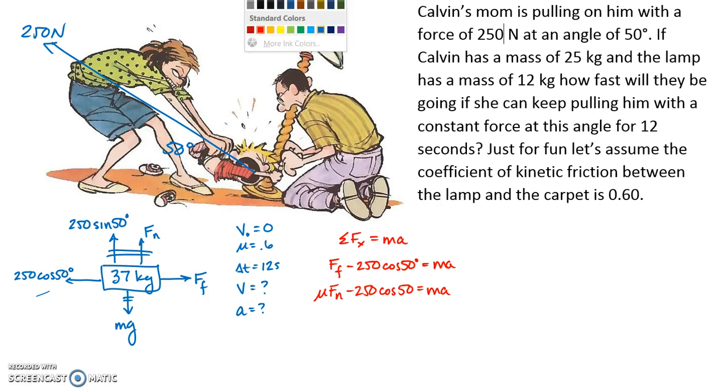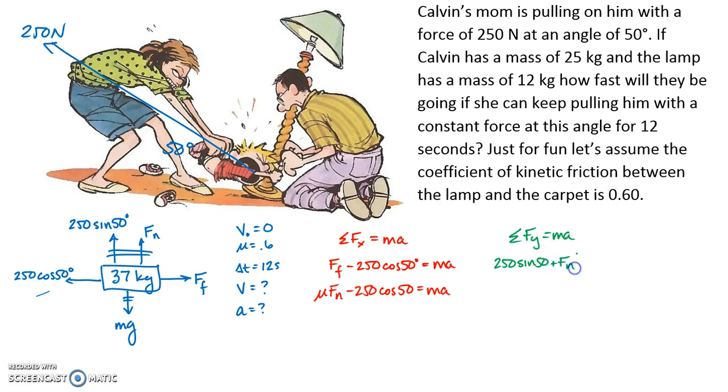But I do have another plane I can work with. So I'm going to look at the y-plane and do a net force equation for it. In the y-plane I've got three forces. I've got the 250 sine of 50. I've got the normal force pushing up, so that's positive. And then gravity is negative, it's pulling me down.